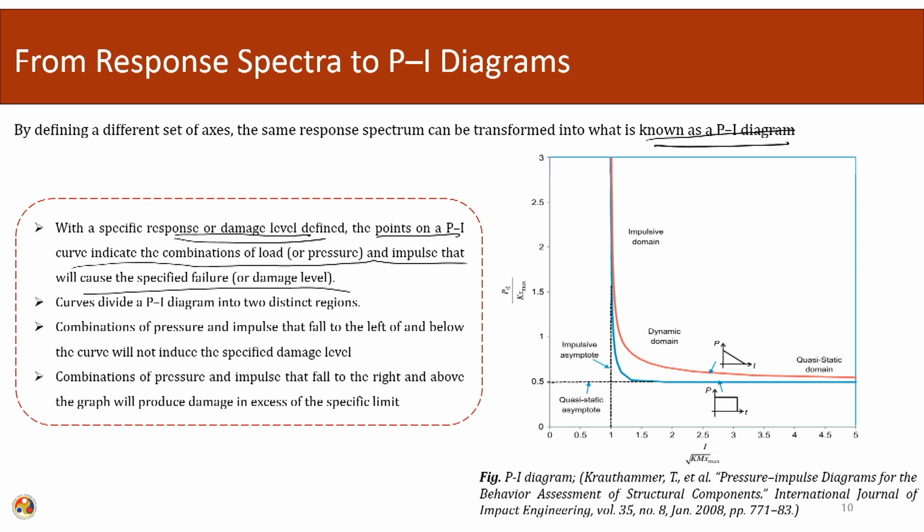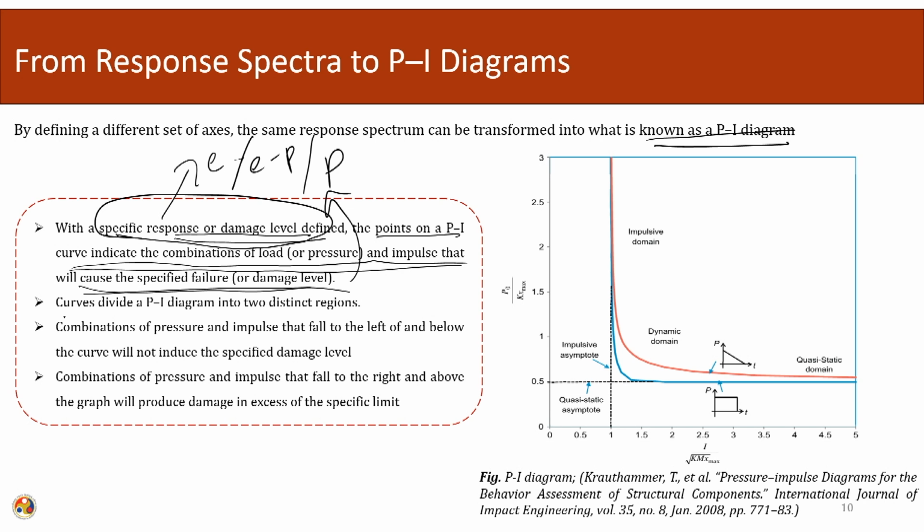With a specific response or damage level defined, specific response means elastic, elastoplastic or purely plastic. For the different response or damage level, the points on the PI curve indicate the combination of load and pressure that will cause that particular damage level. This curve divides the PI diagram into two distinct regions.